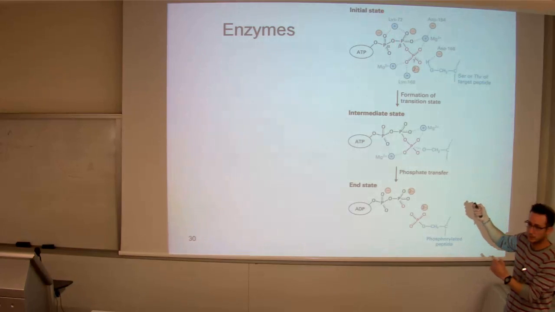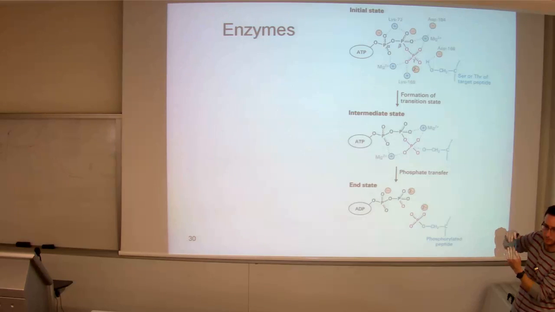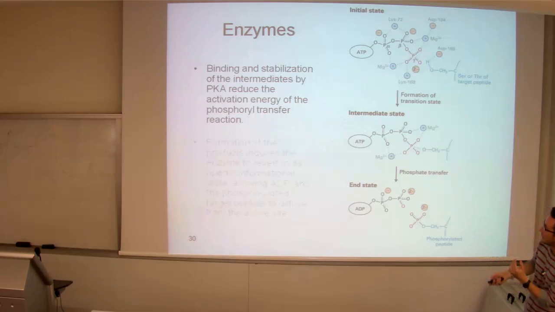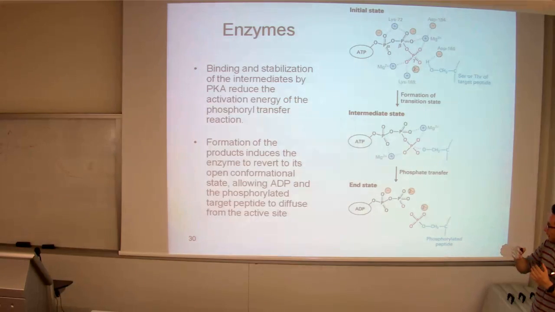But when that happens, the glycine loop stays closed and pushes you again in this direction. And only when you reach the end state, due to conformational changes, the glycine loop opens and the two products, now ADP and phosphorylated target protein, dissociate from the active site. So only in the end state does the glycine loop open and these two break apart from each other, and then the reaction really stops.